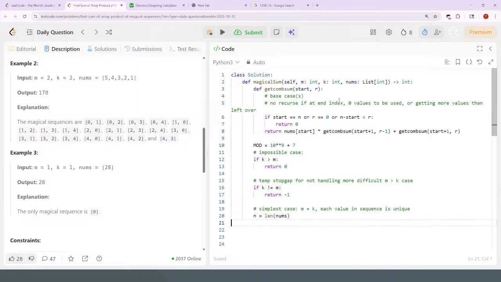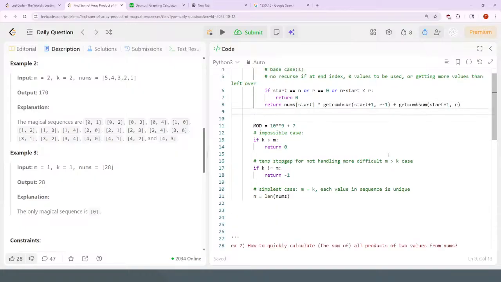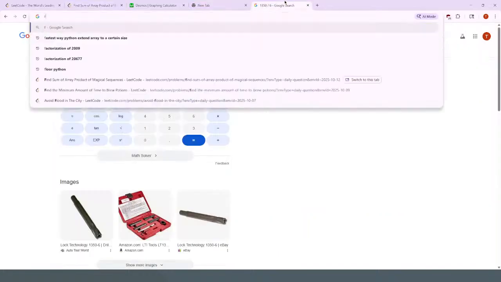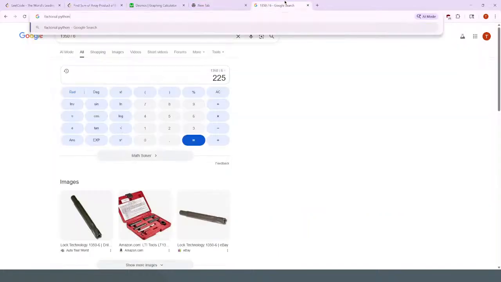Okay, so I think that's the combination sum, and then you need to multiply the combination sum by the number of permutations that it can do. So I think that's just the factorial of r. Okay, so is there a factorial function? I think there is.